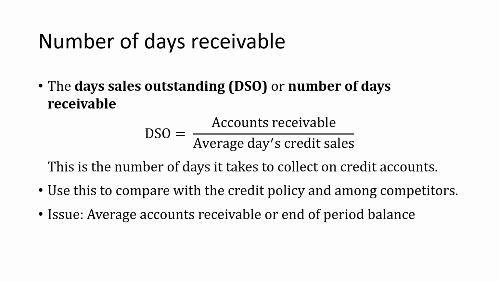And many retailers, for example, don't extend credit. But many manufacturing firms do extend credit to their customers. So it really depends on the industry and the customs of the industry. Very often what we do is we simply use all sales or all revenues.